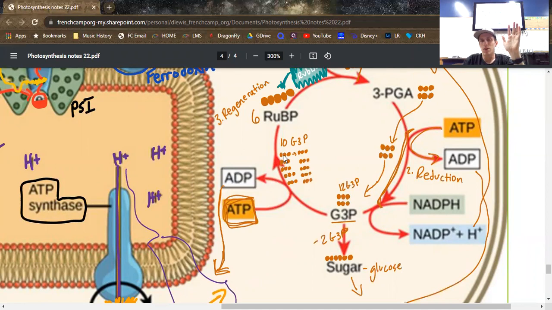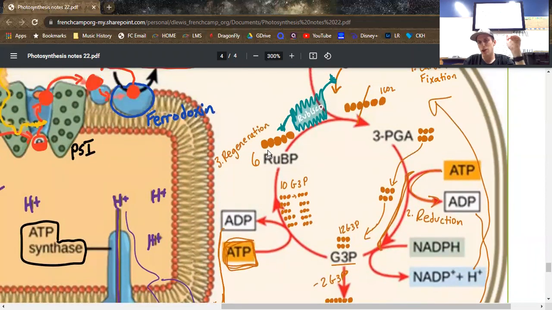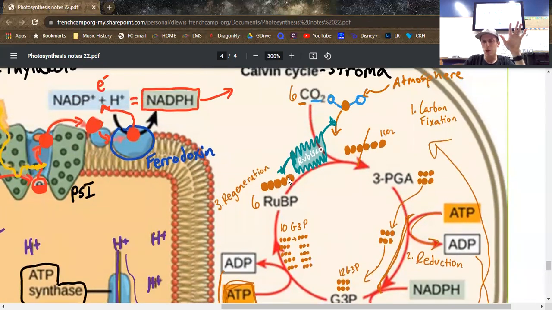But this is going to convert this from 10 3-carbon molecules, 30 carbons in total, to 6 5-carbon molecules. Still 30 carbons. We've just gone from groups of 3 to now adding on to groups of 5. And so from a structure of 3 to a structure of 5, and then rubisco can work some magic and attach to the next round of CO2 that comes into the cell.